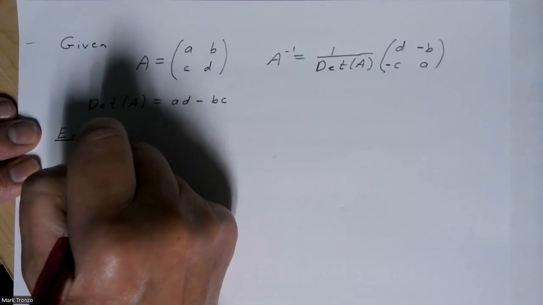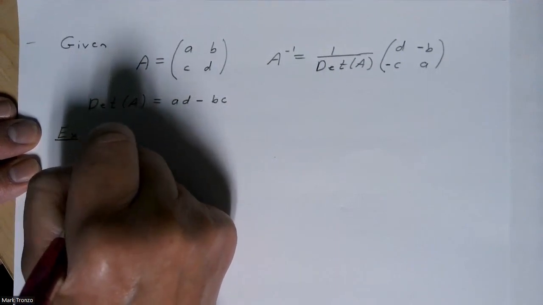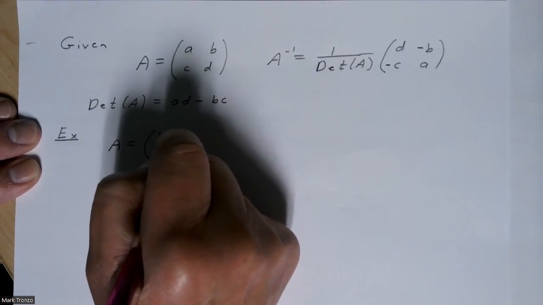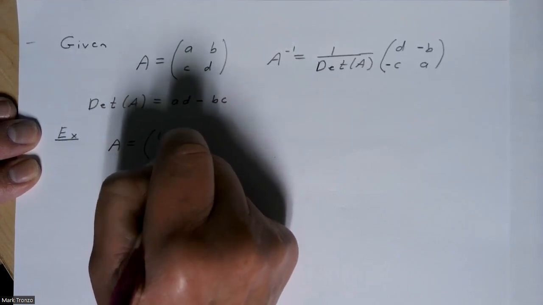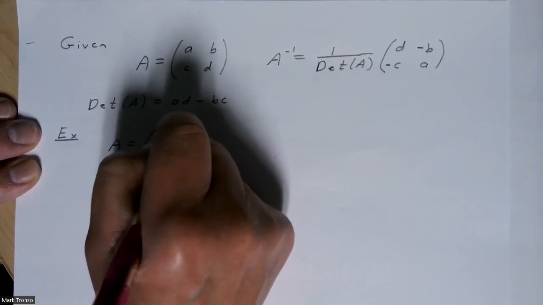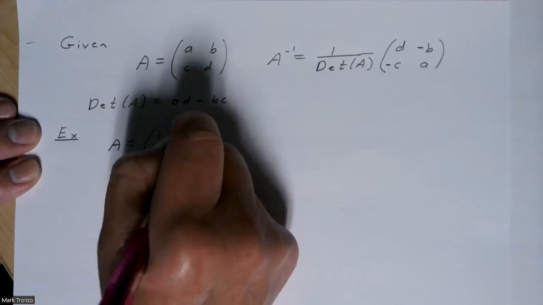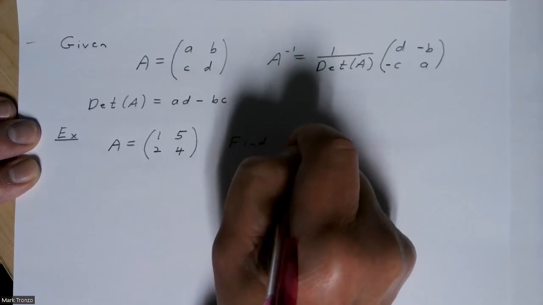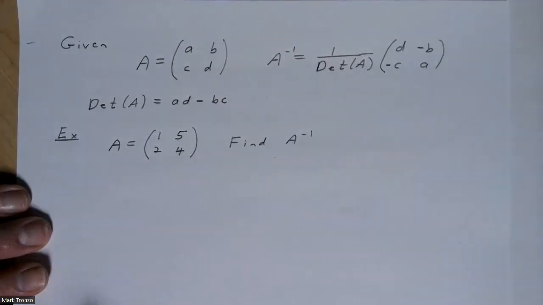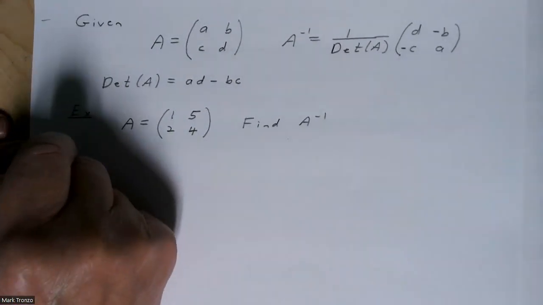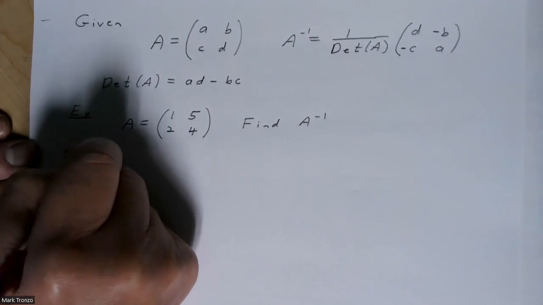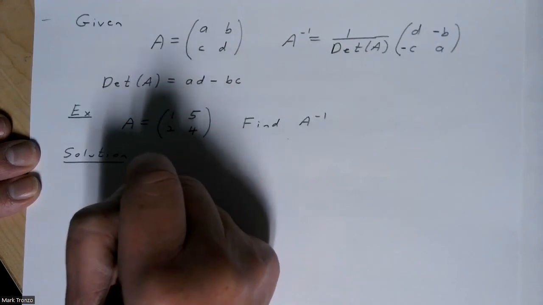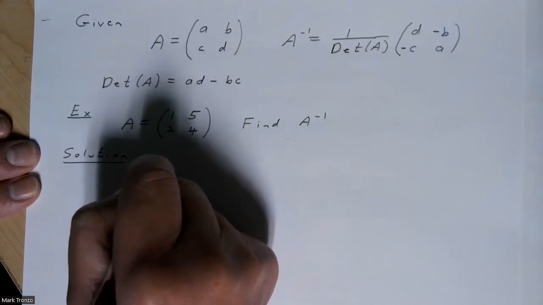And so let's do a quick example. So let's say our matrix A is given by this. Find the inverse. And again, let's find the determinant.